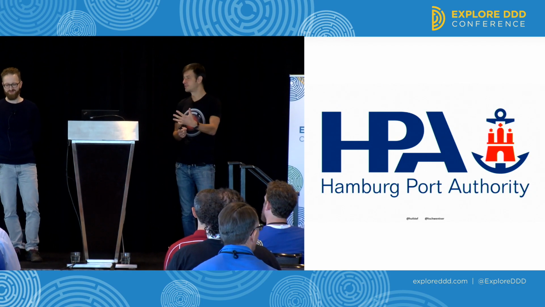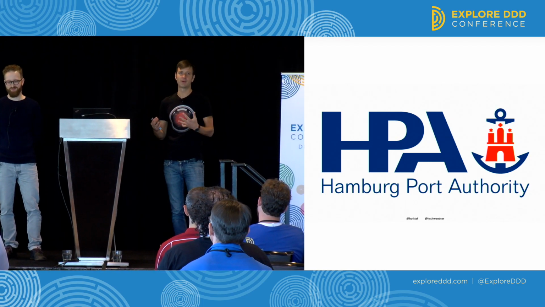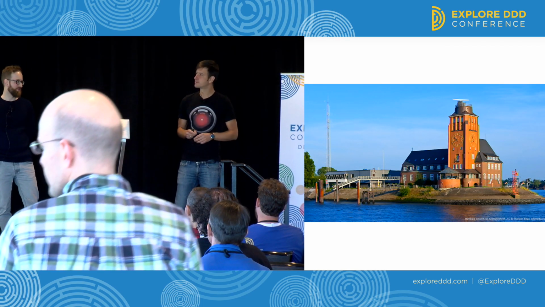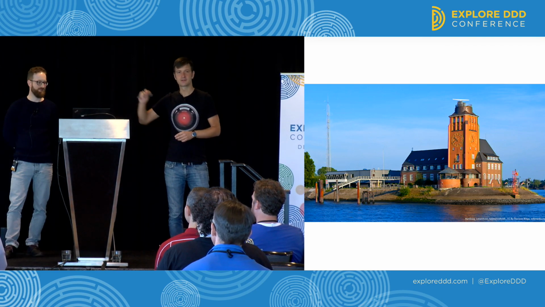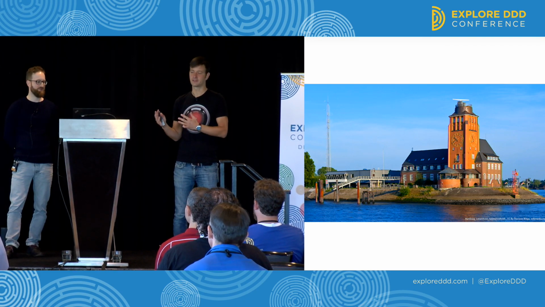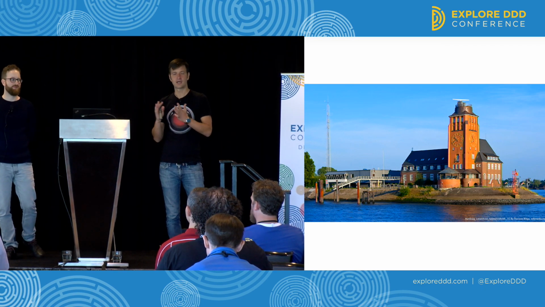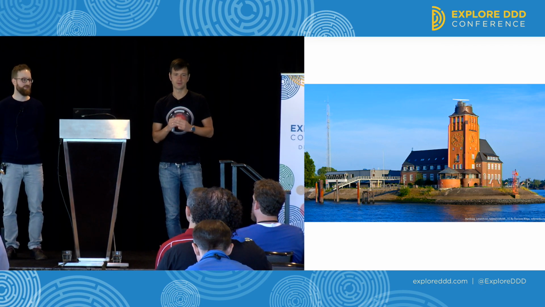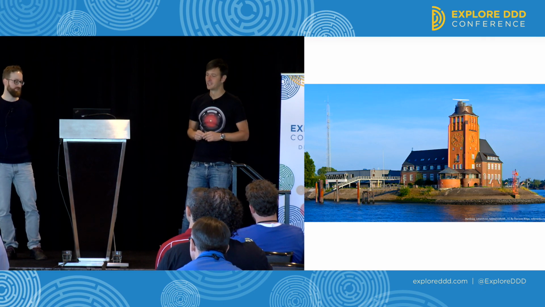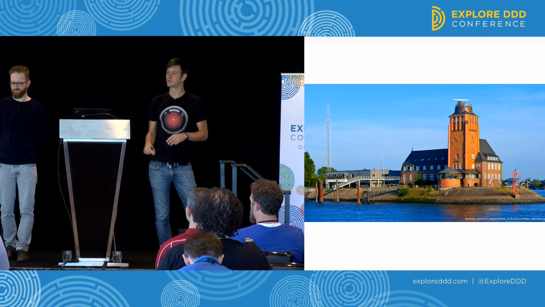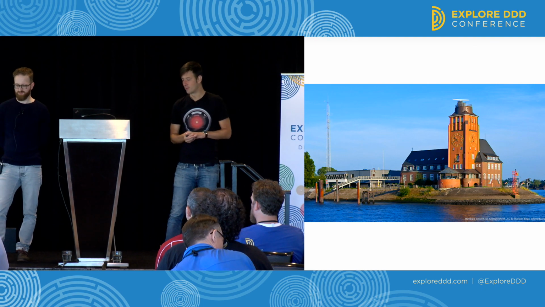And this port authority has a couple of departments. One department you can see here, that's the so-called Nautical Center. And the Nautical Center is a bit like the tower at the airport. So it has a radar on top and a lot of windows there to look out on the river.